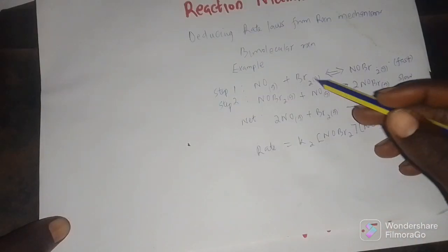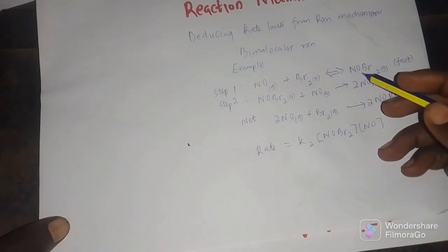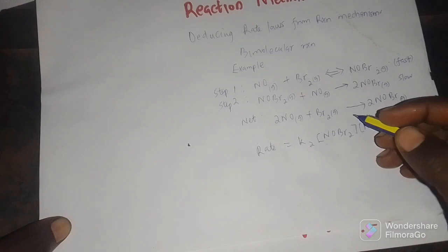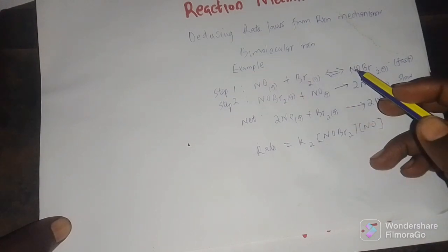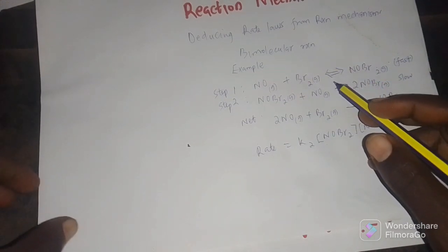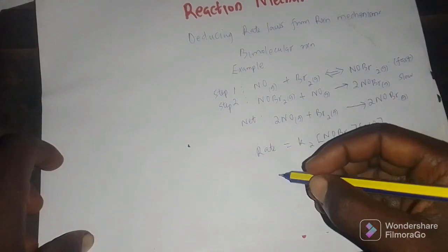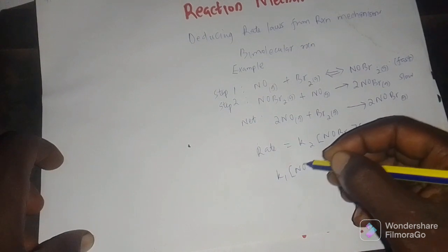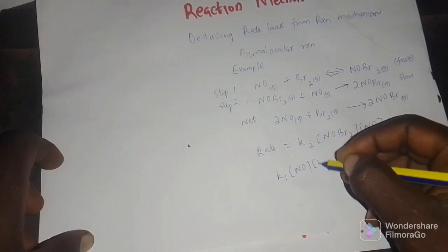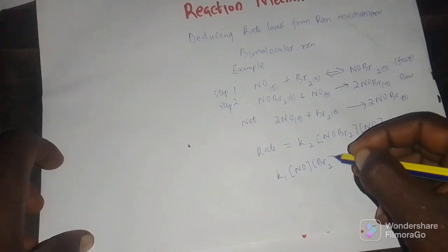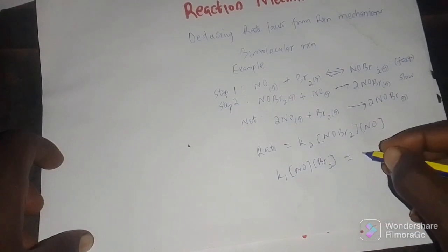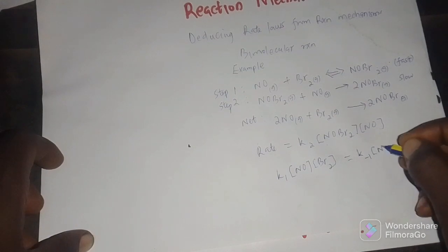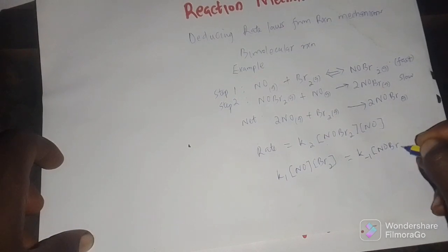When dissociation takes place because of instability of this intermediate, we'll have the rate of the forward reaction equal to the rate of the reverse reaction. When we write that down, we'll have K1 of NO Br2 equal to K in the reverse direction of NOBr2.